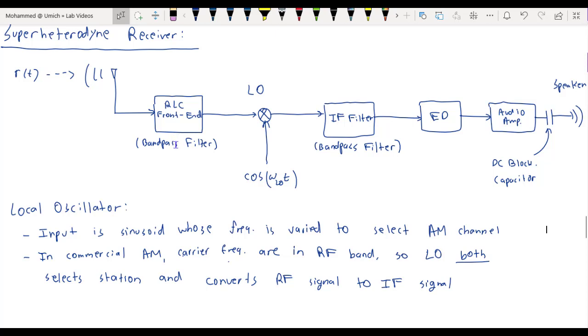With a superheterodyne receiver, we can build a single IF filter with a fixed center frequency and high frequency selectivity, and then use the local oscillator to shift between different stations. And it turns out that by having a single IF filter with high frequency selectivity, our front-end RLC circuit doesn't even need to have too much frequency selectivity in order to reject the image frequency.